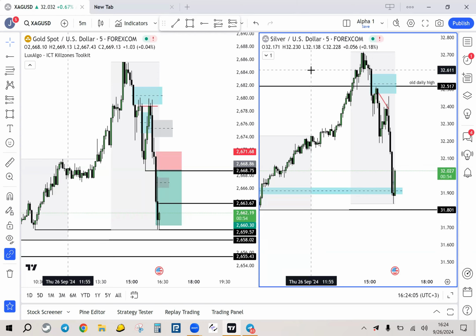Maybe it took price 2 weeks to form a swing low that is a protected level on a 1-hour chart. So you're not expecting that low to be attacked on the 5-minute just because you had a 5-minute reversal divergence. It's going to take time to develop that move.